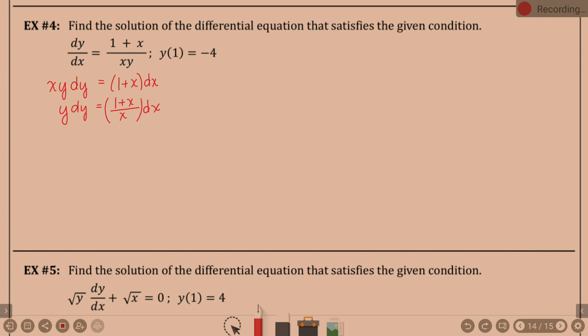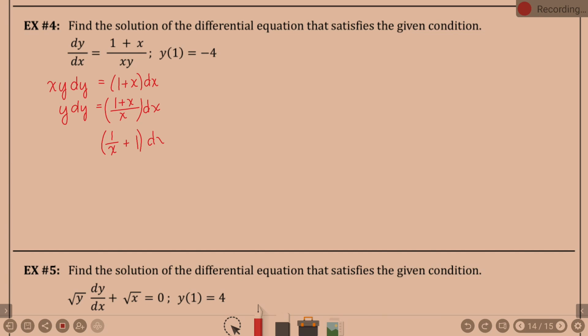That would work, but then you'd have to distribute. Split the fraction: 1 over x plus 1. Yes.